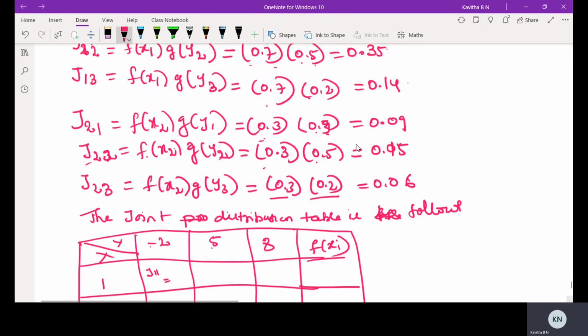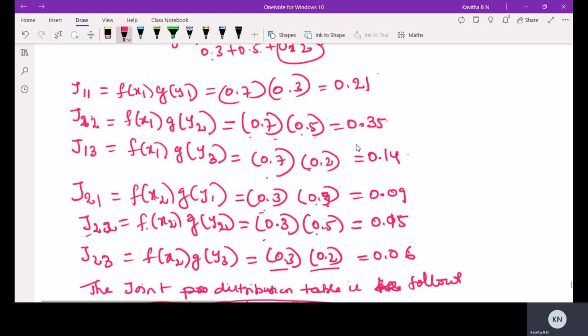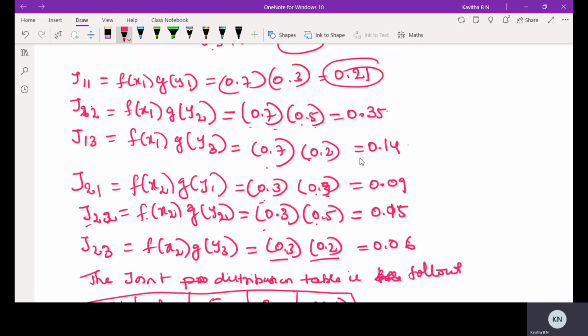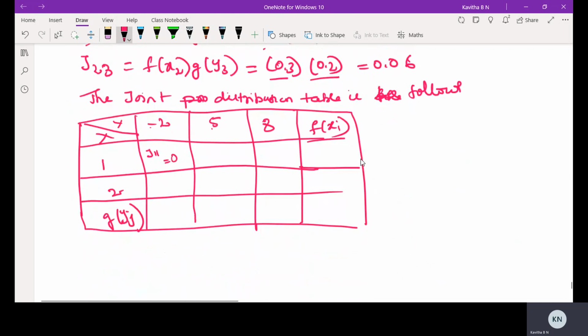Here the J values we just found. J11 is 0.21. This is J12, which is 0.35. J13 is 0.14. F of x1 is 0.7. This is J21, which is 0.09.